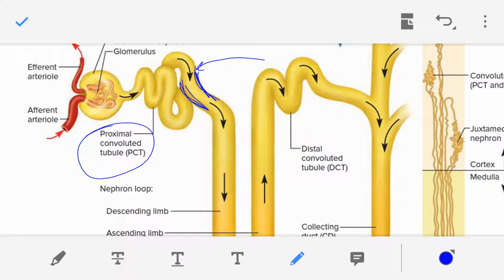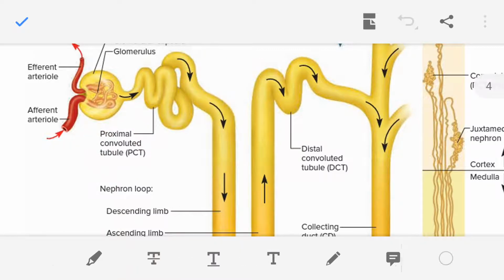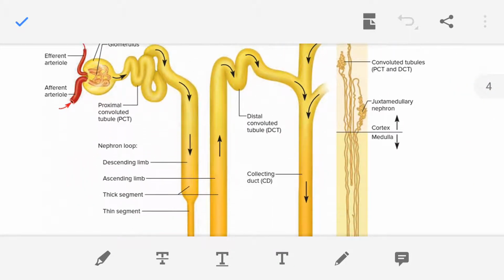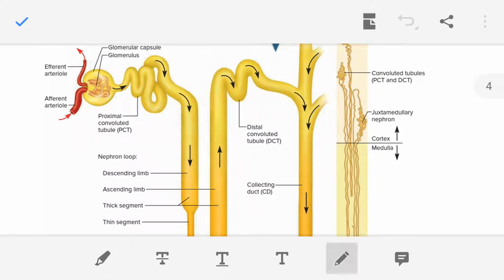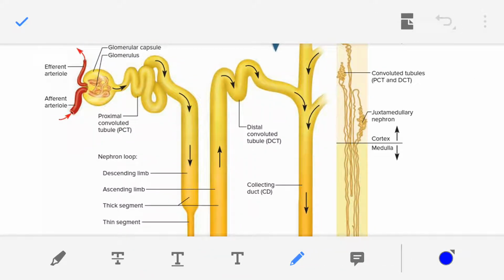So as this is the final turn downward of PCT, from this point onwards, this is the nephron loop, and this entire nephron loop extends up to where the DCT begins.